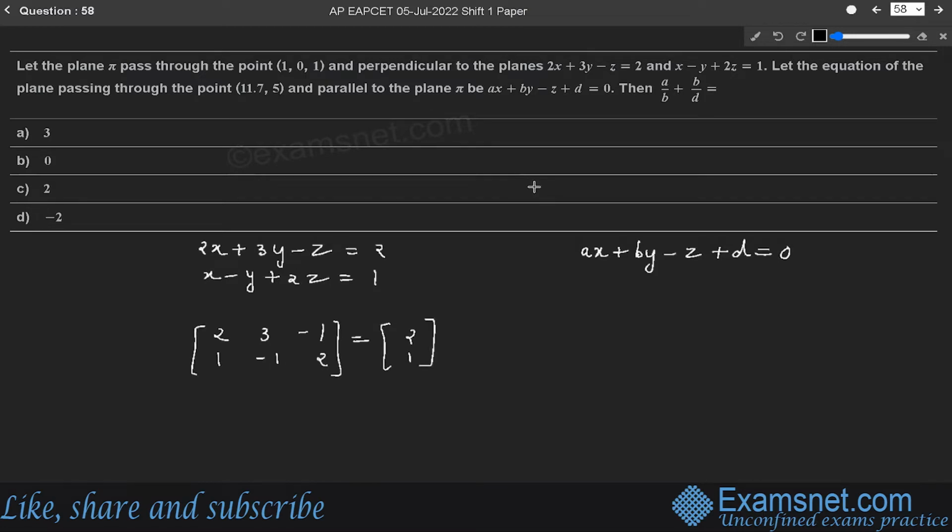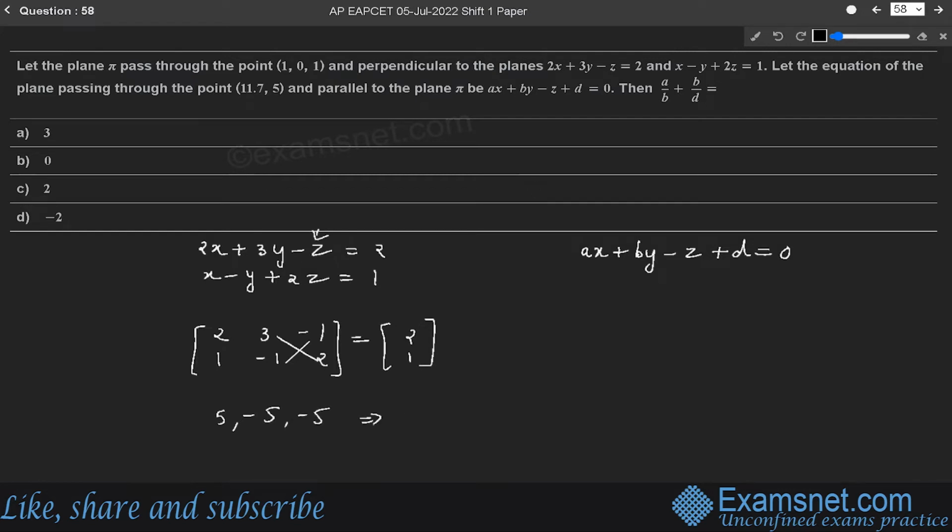Now, solving this determinant and cross multiplying, here you can see that the coefficient of y is -1 and the coefficient of z in the first equation is also -1. So it will be 3 into 2 minus 1 into -1. So after solving this and cross multiplying, the values will be 5, -5 and -5.